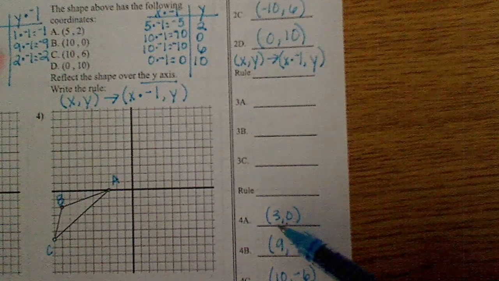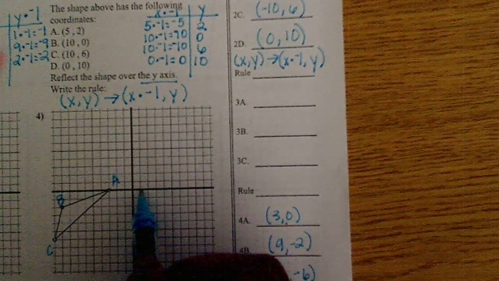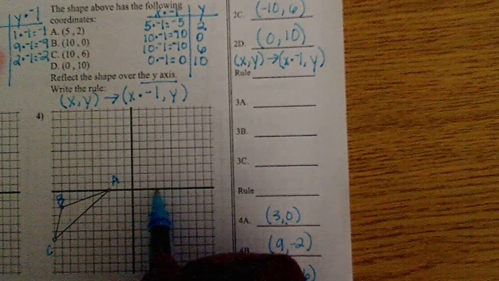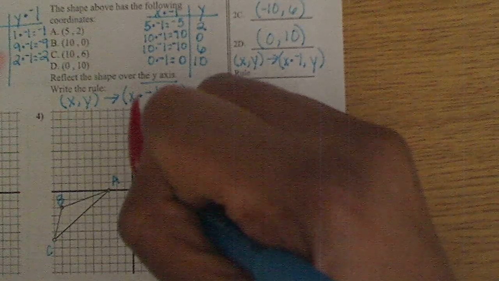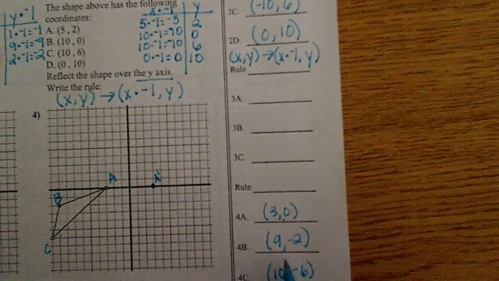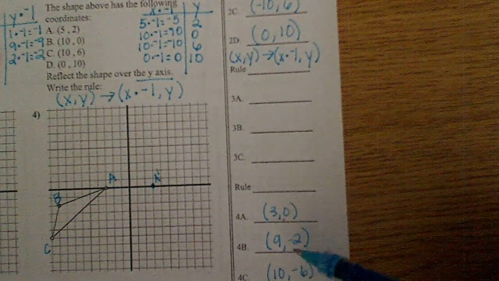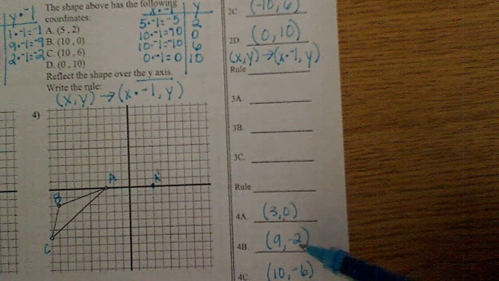I then will go ahead and plot my points. A prime is at (3, 0), so that'd be right 3 on the x-axis, 1, 2, 3, and I would go neither up nor down because it's 0, so I'll put my point A prime. And then point B would be 9 to the right and then down 2.